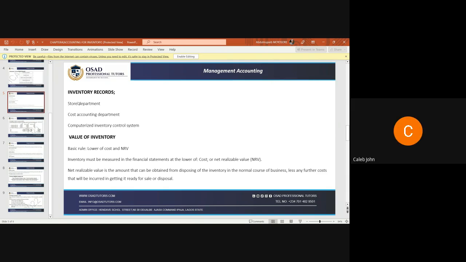Let me say the cost of the item after depreciation or after the expenses. The net realizable value, according to my understanding, is the amount of the inventory after depreciation and expenses. Is inventory depreciated?